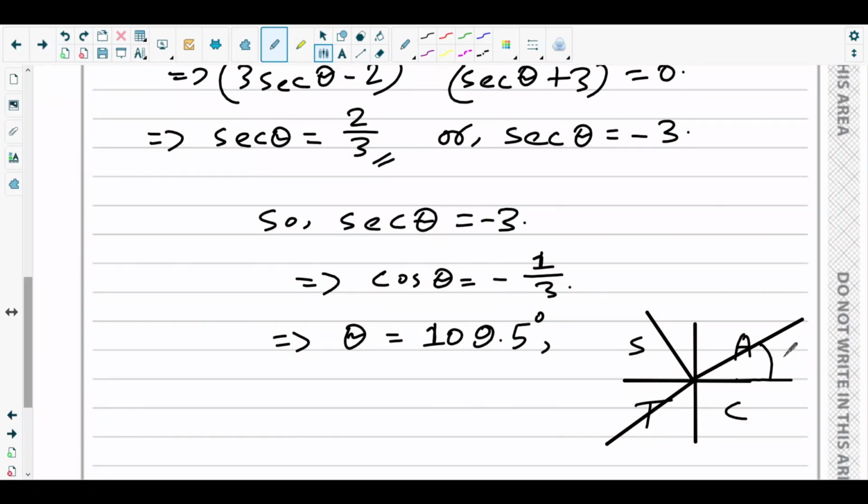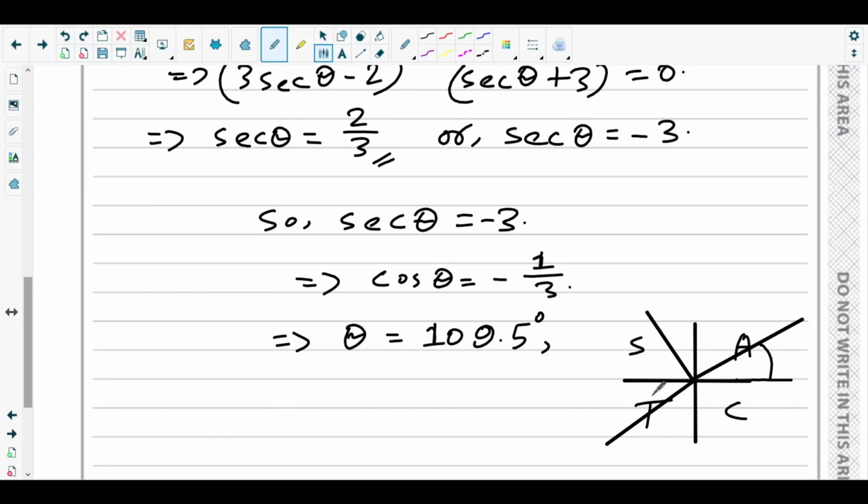What is the significance of this principal angle? We will use it to get the possible values of theta in different quadrants according to the sign of the trigonometric ratio. Here cos theta is negative.